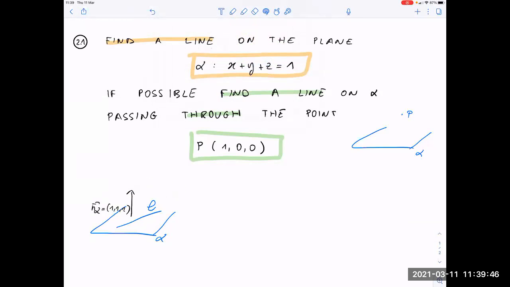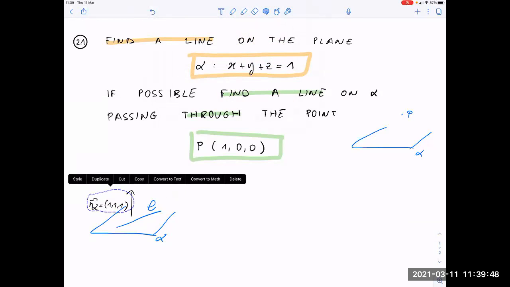That's a good starting point, but we need to do something more. Just any line orthogonal is not enough because it could be far away from the plane. So let's see when someone can come up with an explicit line doing what we want.